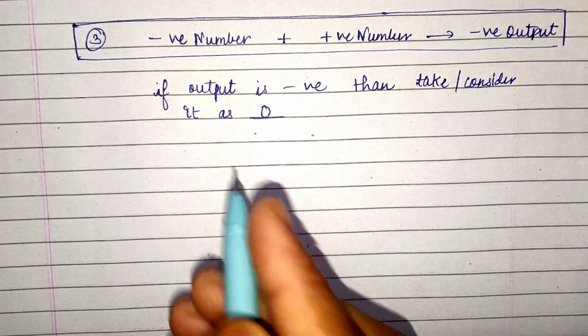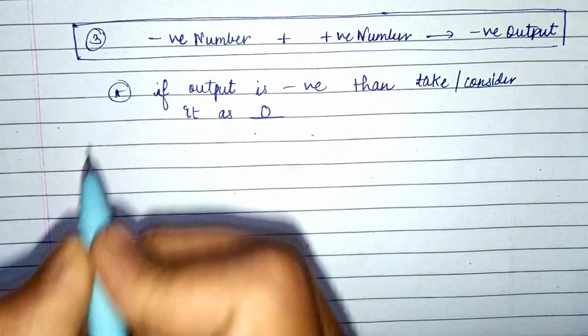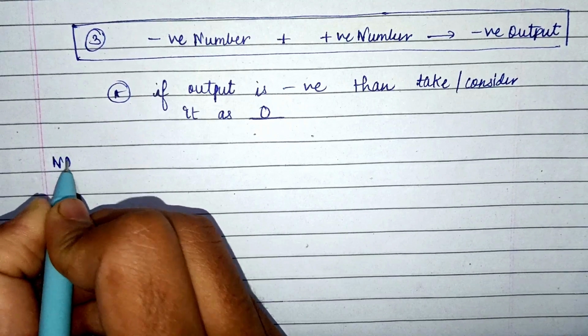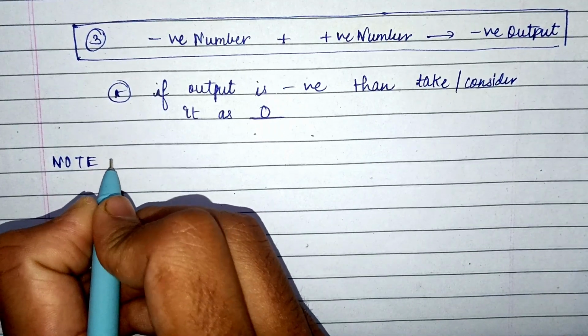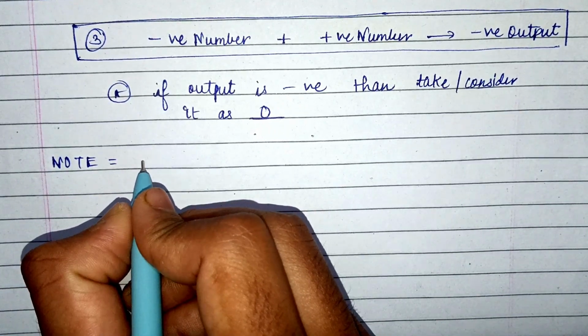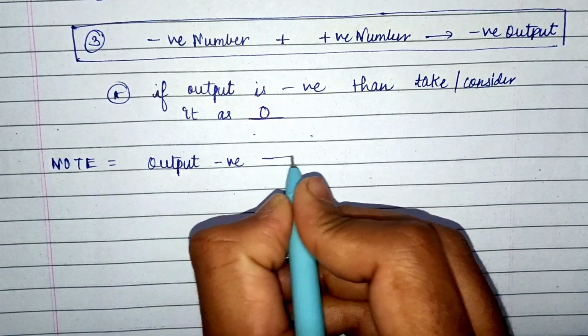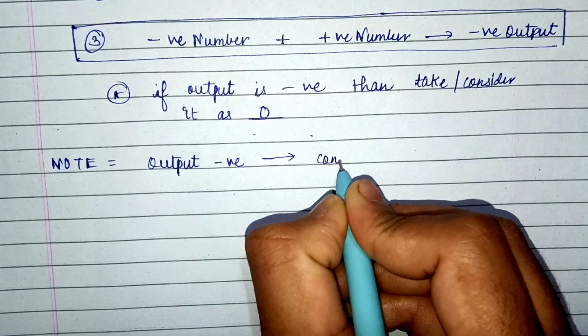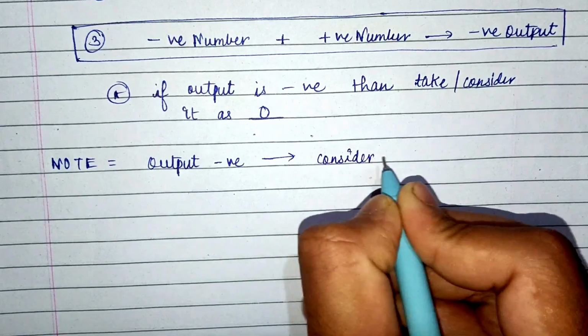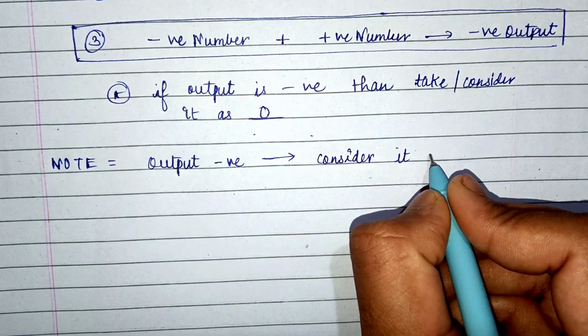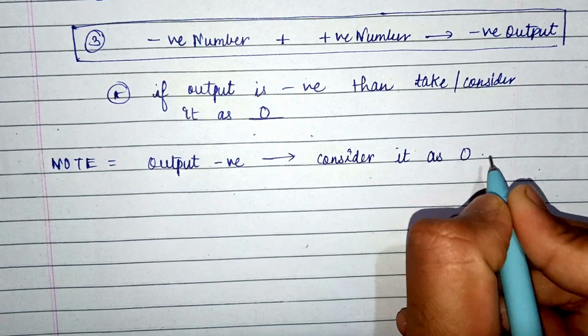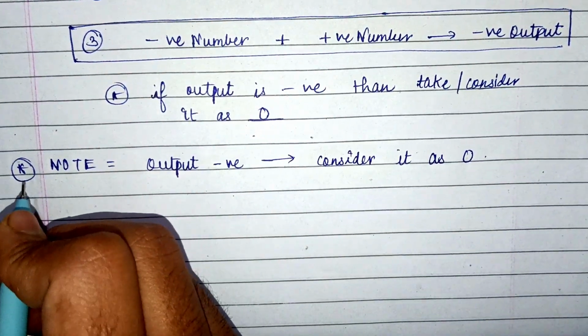This is what Kadane's algorithm says. Here note, if the output is negative, then consider it as 0. Okay, important note here.